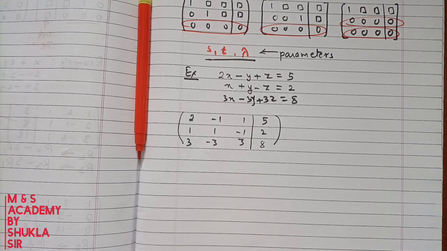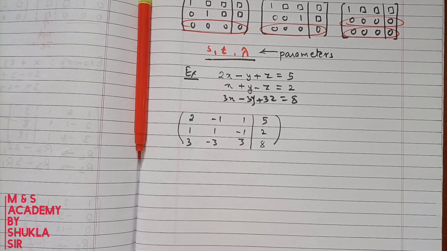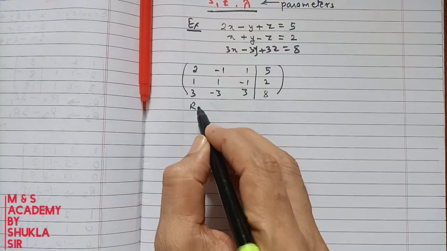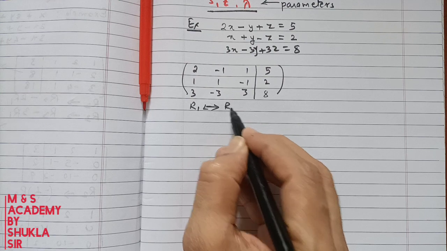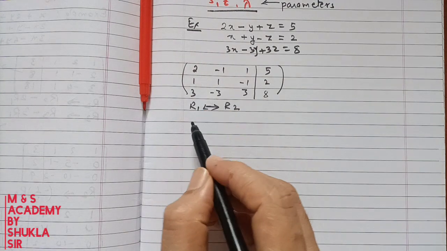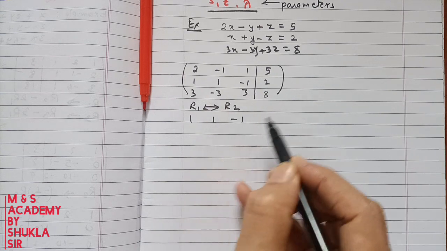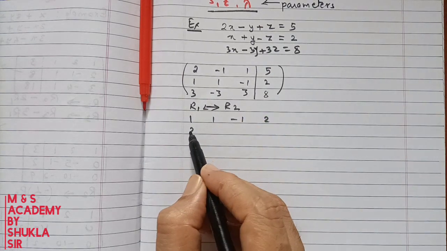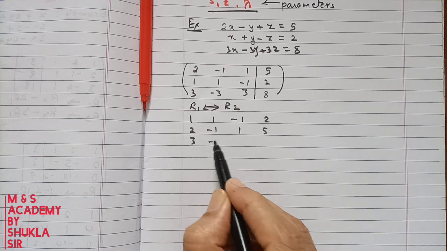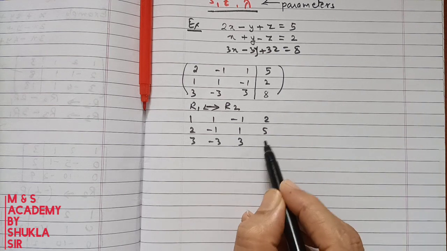It is a very convenient way of doing row operations. So we are interchanging R1 and R2. So first we interchange R1 and R2. So this is 1, 1, minus 1, 2. This is 2, minus 1, 1, 5. This is 3, minus 3, 3 and 8.